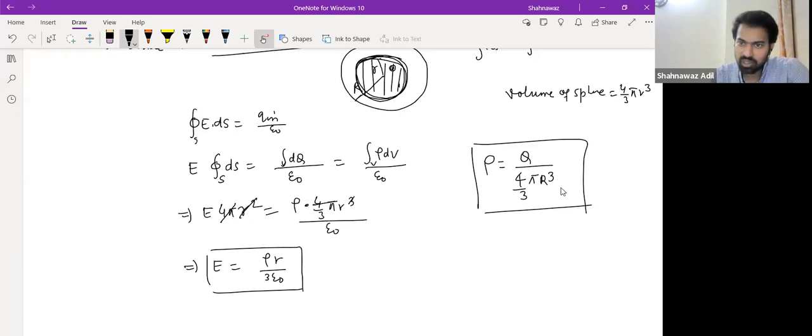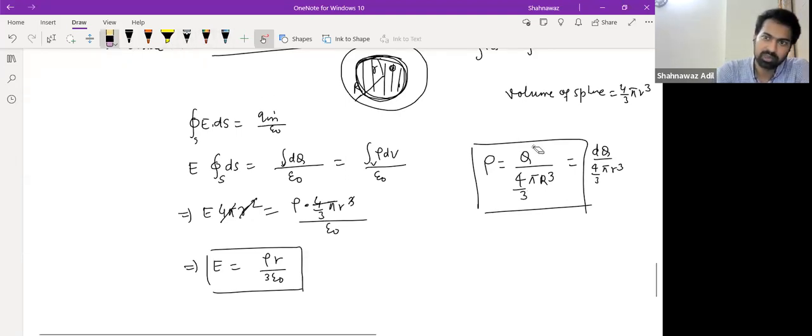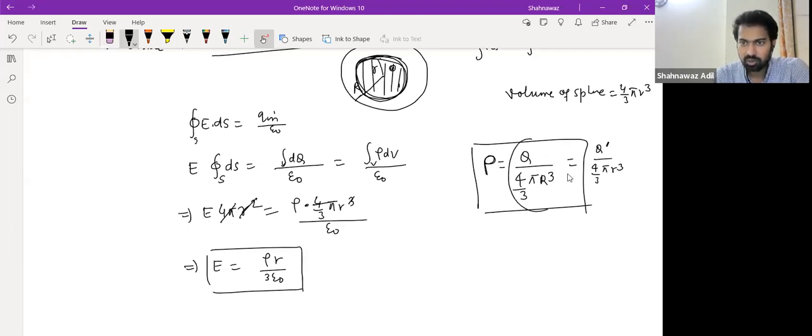For a small charge, it was the same, 4 by 3 pi r cube. Let's say this was Q prime. Whatever the charge was inside, this charge density would be uniform, the total and this. Understood, guys?